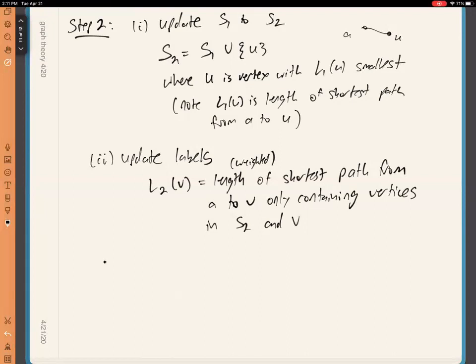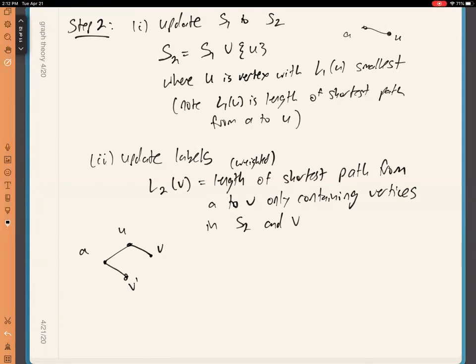Right, so maybe my point A is over here, and maybe this is the point U that I added to create S2. Well, if V is connected to U, then for L2 of V, I'm allowed to consider the path from A to U to V. And also if I have V prime, I would also be able to update the label of this vertex V prime because it's directly connected to A, right?